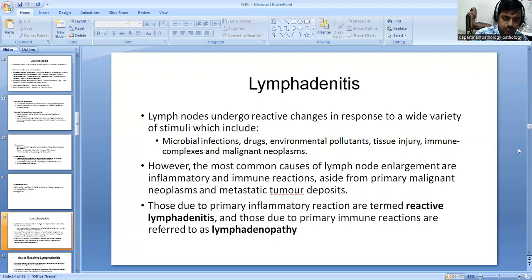However, the most common causes of lymph node enlargement are inflammatory and immune reactions, aside from primary malignant mechanisms and metastatic tumor deposits. Those due to primary inflammatory reaction are termed reactive lymphadenitis.